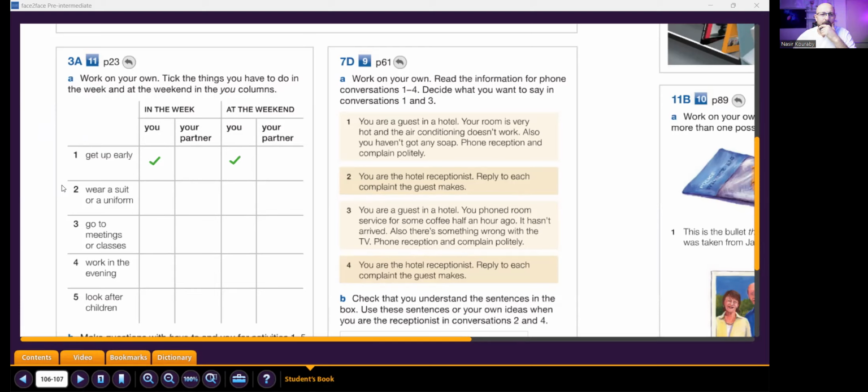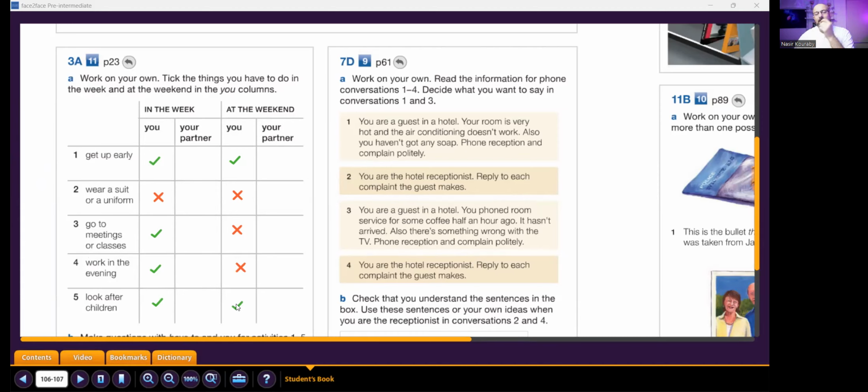Wear a suit or uniform, for me, not in the week, not at the weekend. Go to meetings or classes, for me, in the week, yes, but at the weekend, no. Work in the evening, for me, yes, but at the weekend, no. Look after children, yes, because now I have twins, so I have to. The weekend, in the week, yeah.